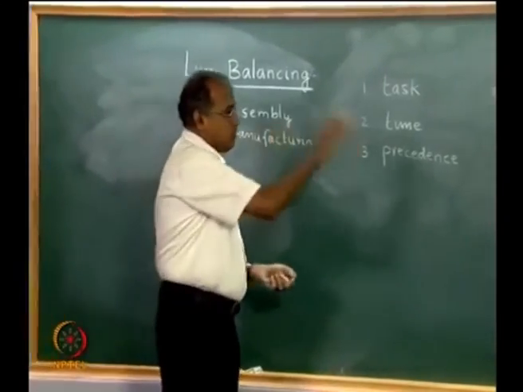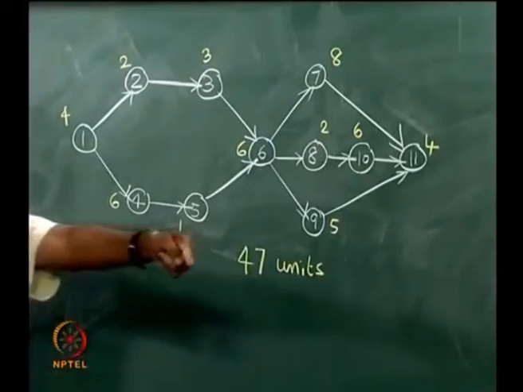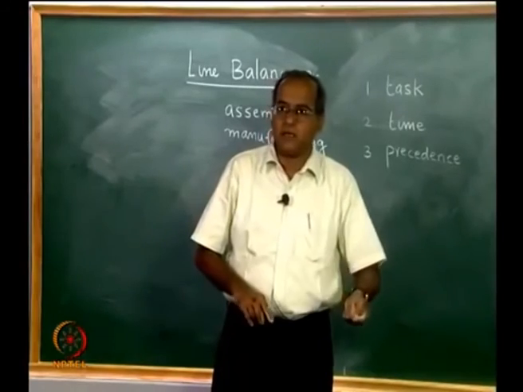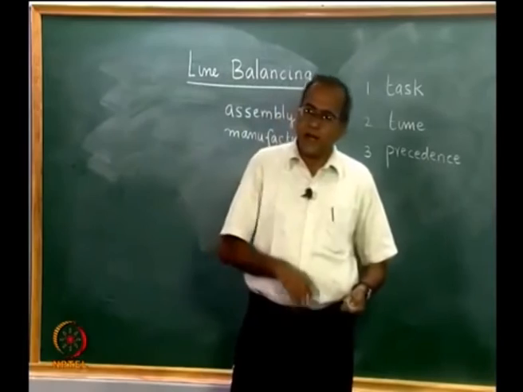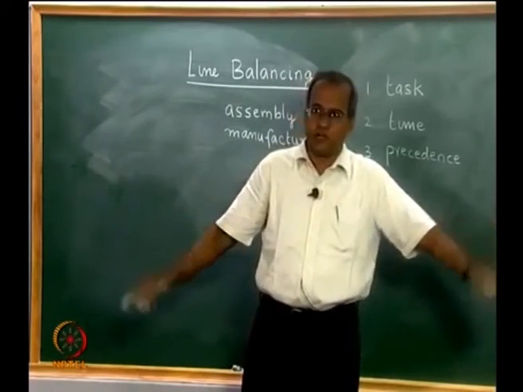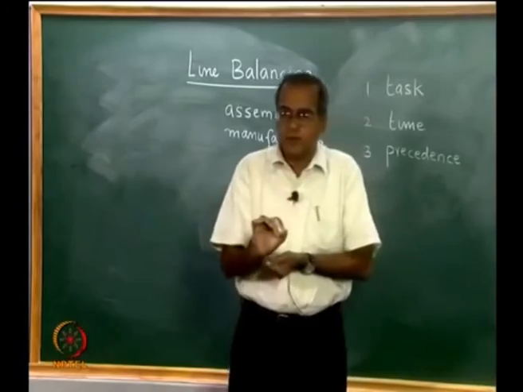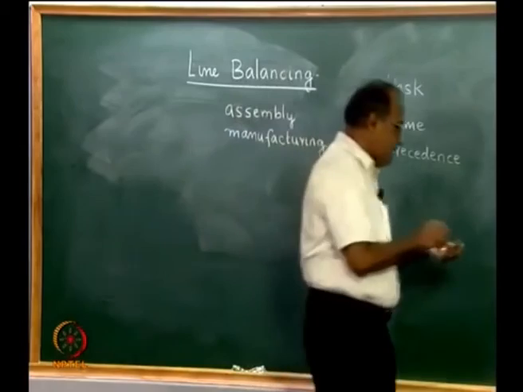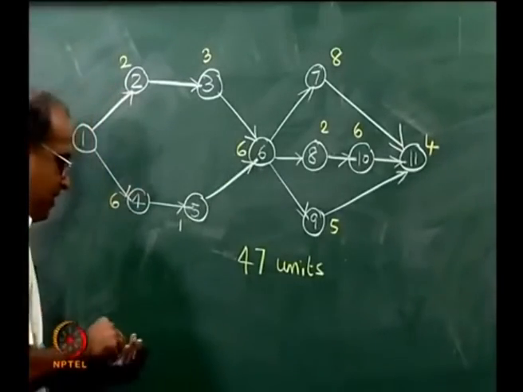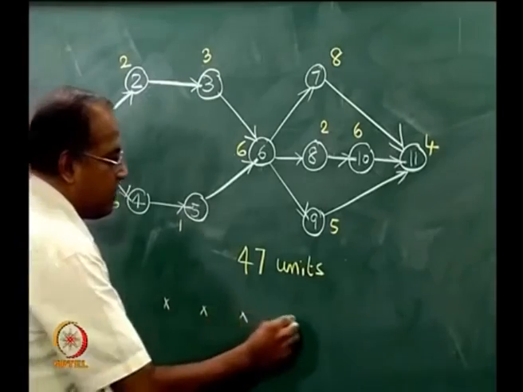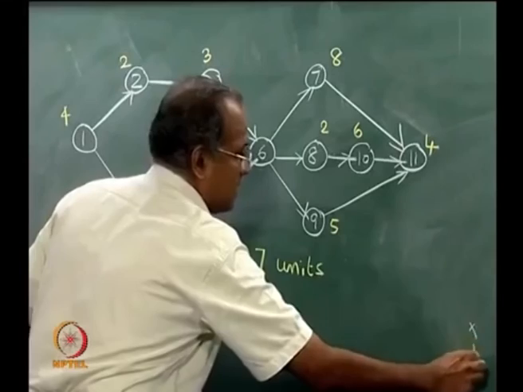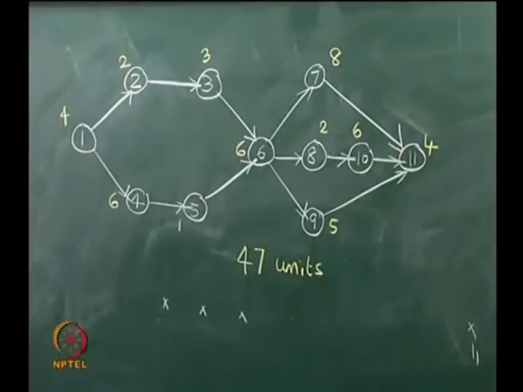Now, if we assume that we are going to have 11 workbenches, where task 1 is done in workbench 1, task 2 in bench 2, task 3 in bench 3 and so on, and we put 11 operators, 1 for each, assuming that each operator has the skill to do that activity, then if we start the line here, at the end of 47 time units, the first piece will come out.